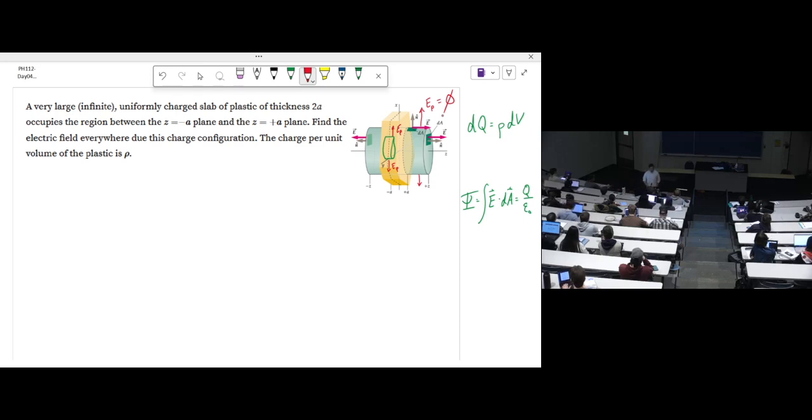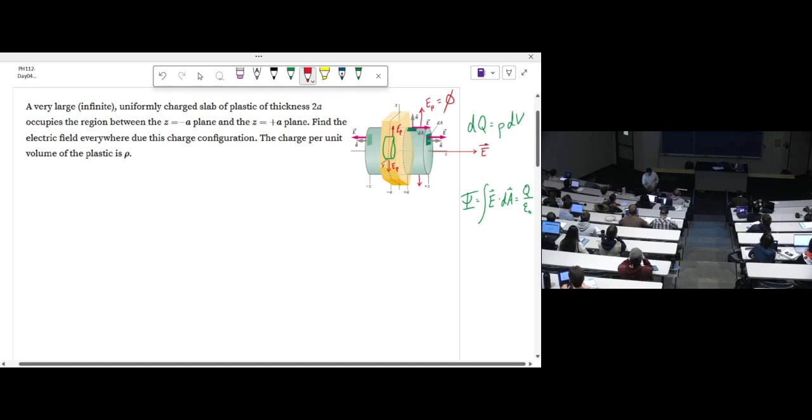Right? If we know the electric field points along z, say this direction here, then rho is perpendicular to z. So if it's only in z, you can't have any component going in rho.